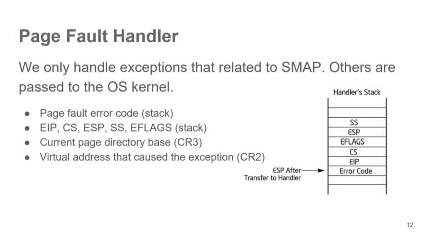All others we just pass through to the OS kernel. In the handler, we can get some useful information from the stack, like the page fault error code and some registers. We get the current page directory base from CR3, which tells us who the current process is, and we get the faulting virtual address from CR2.